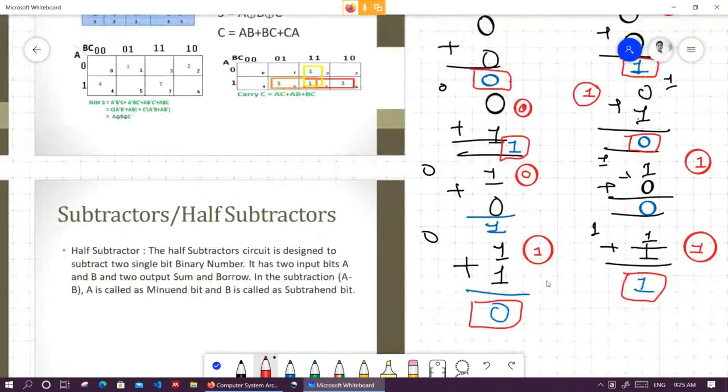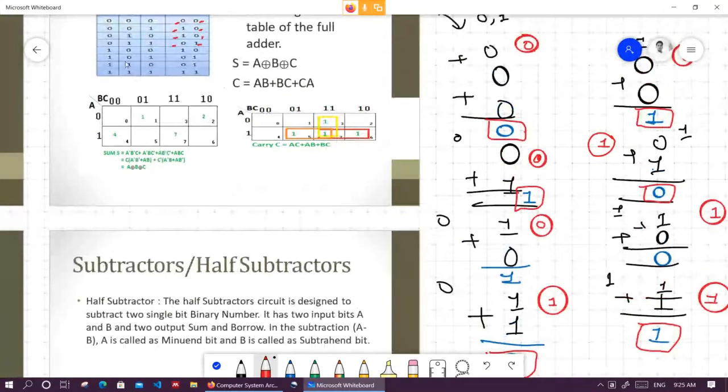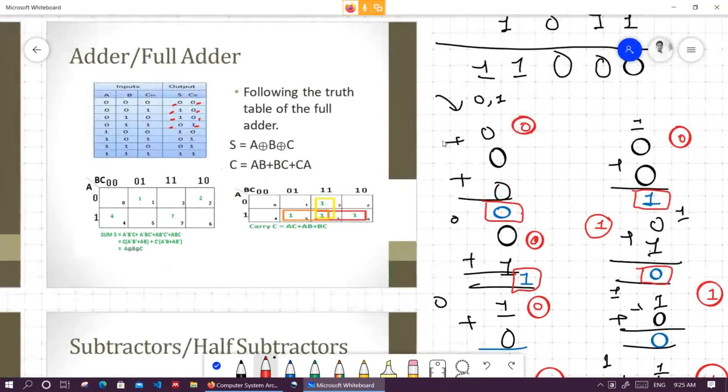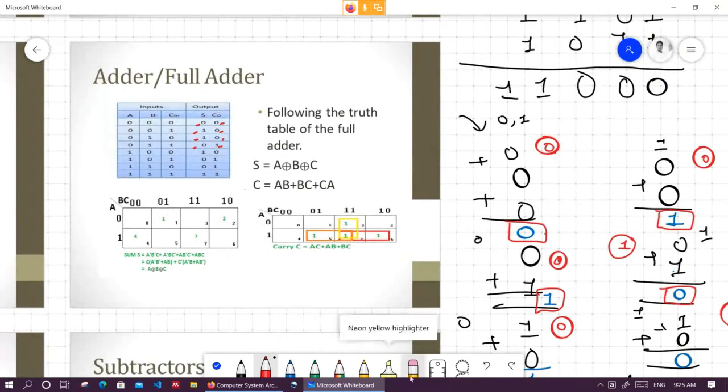Actually the results will be the same, so we can check this value. 1 plus 1 plus 1 plus 0 will be 0 as the sum and 1 as the carry. So in this way we can create the truth table, and now based on the truth table we are going to find the circuit value.